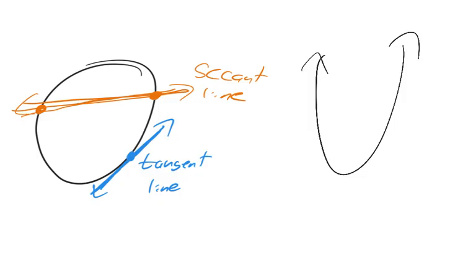So if I pick 2 points on the parabola and I draw a secant line between them, think about that line. That line has slope, right? It has rise over run.